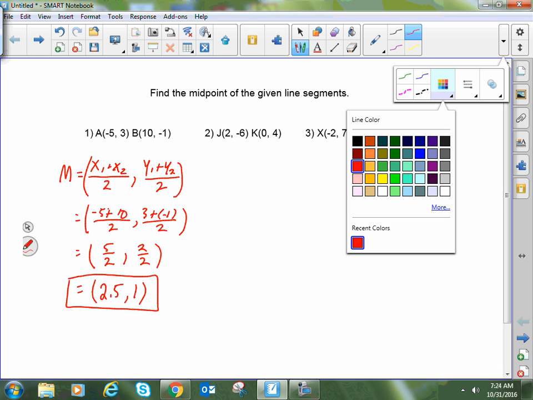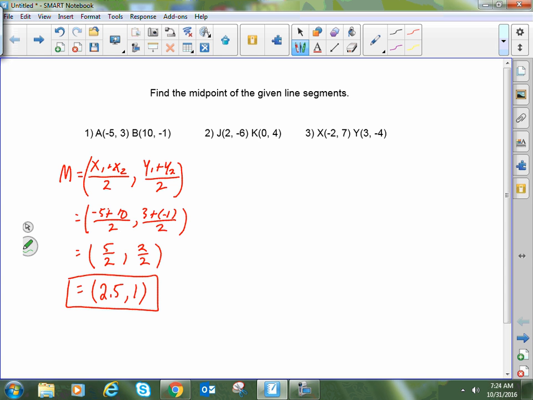Now the formula itself isn't overly complicated, all right? When you do these things, they become fairly routine fairly quickly. So find the midpoint between JK. Again, start with the formula.